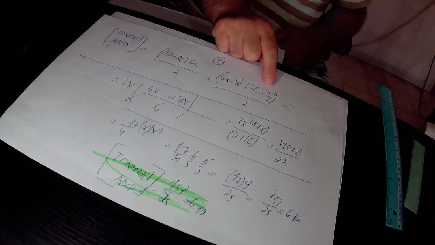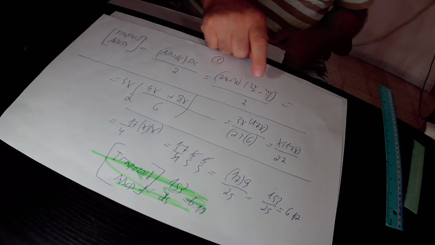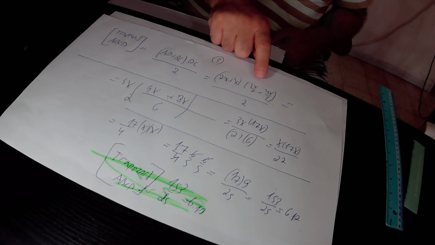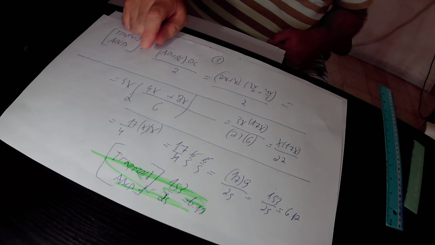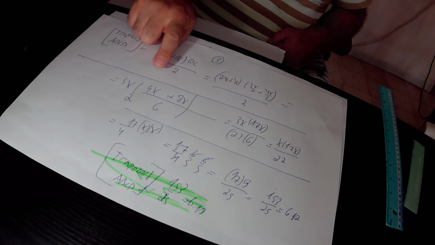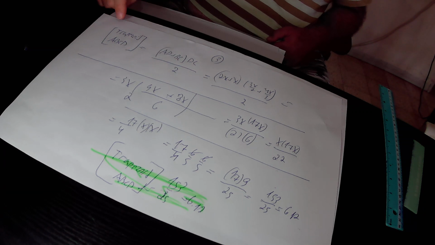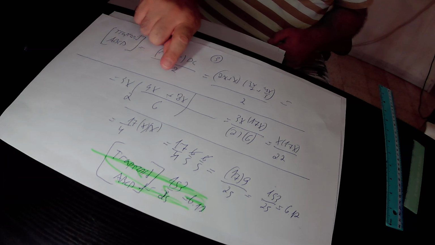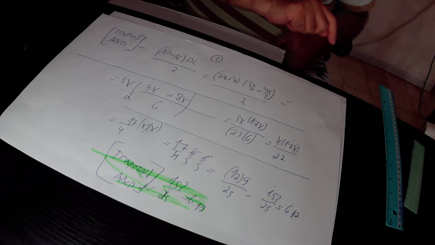So 4x times 2 is 8x and 3 times 2 is 6. So in this way, we took out 6 as a common factor from those two expressions. We found out that the area of trapezoid ABCD is 3x times, inside the brackets, 9x plus 8x, that is 17x, over 6, all over 2.